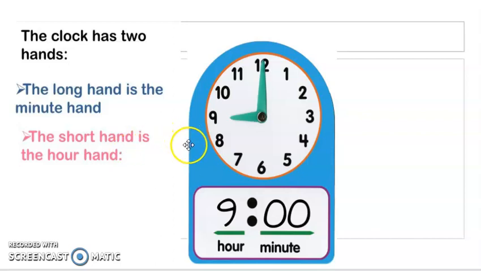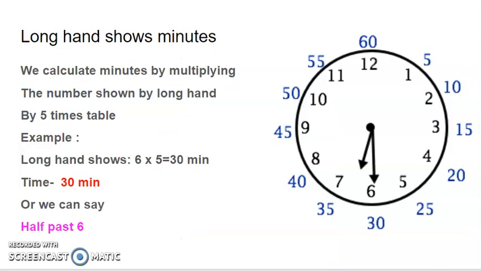So whenever we read the hours on the clock, we'll look at these numbers to tell the hour. And when we have to tell the minutes, let us see how to calculate that.